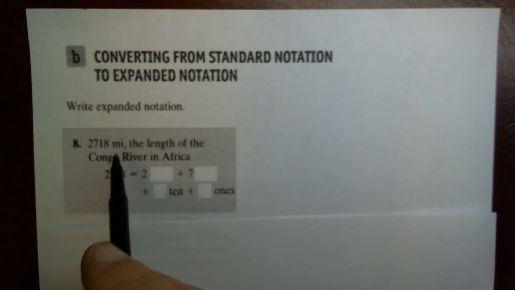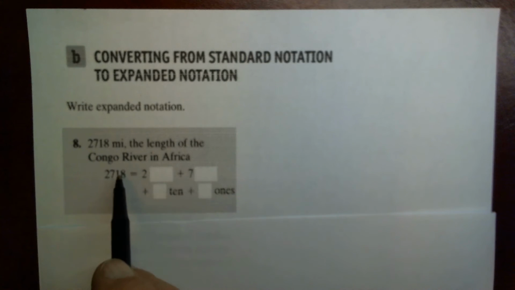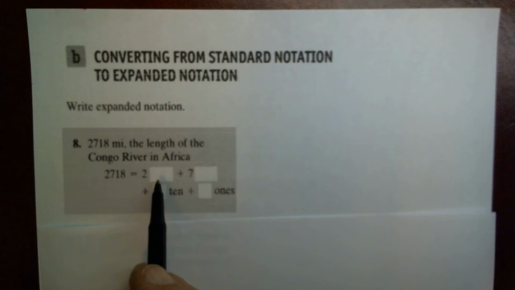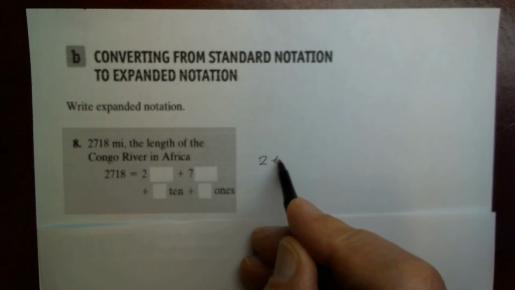So here we have the number in standard notation, 2,718 miles, the length of the Congo River in Africa. And writing in expanded notation means we have 2,000s. I'm going to write it over here because there's not enough space.